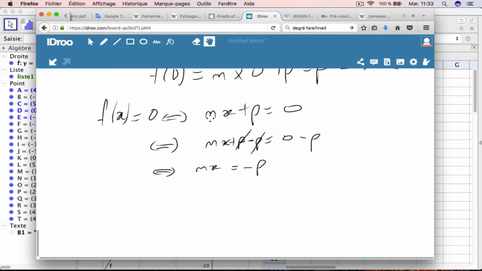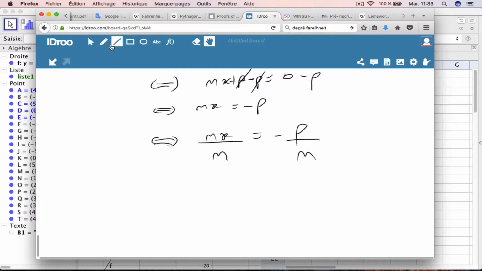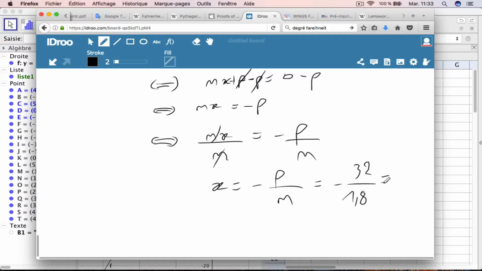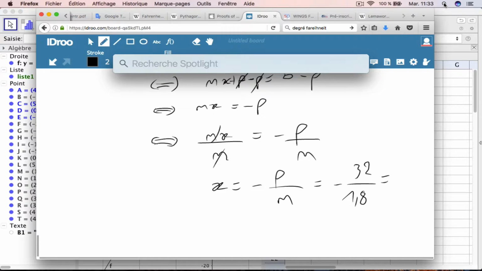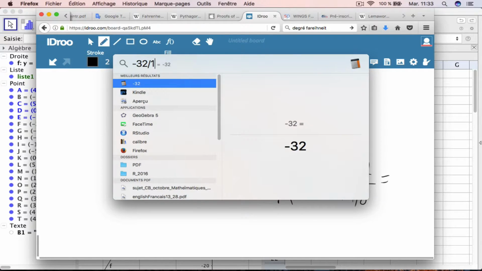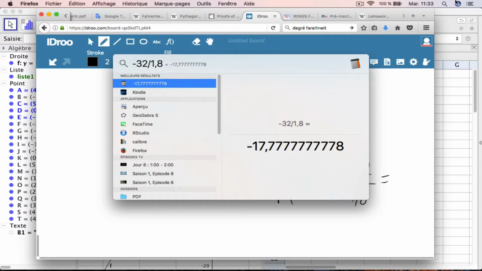And now we can divide by m, and we've got m times x on m equals minus p on m. So we can cancel them. And we've got x equals minus p on m. And for example, in this case, it's minus 32 on 1.8. We can take a calculation, and we've got around minus 17.8.